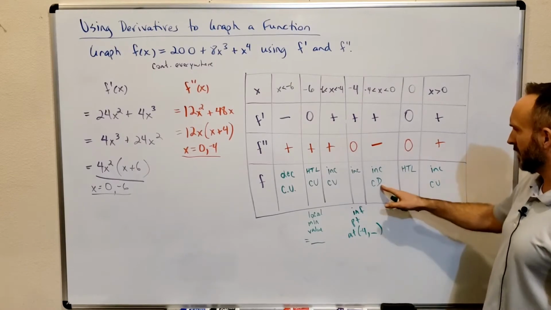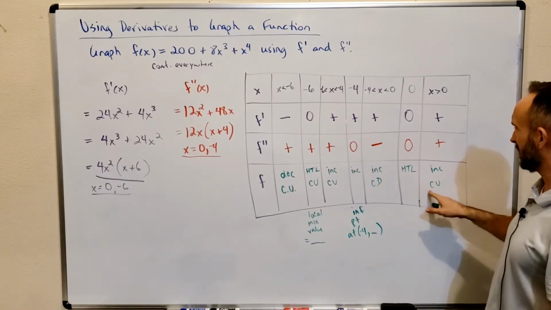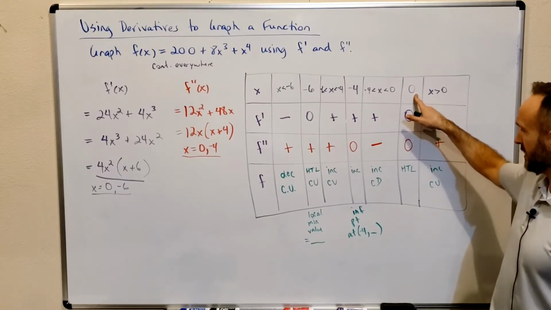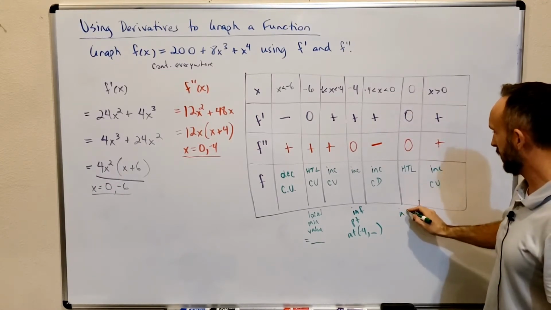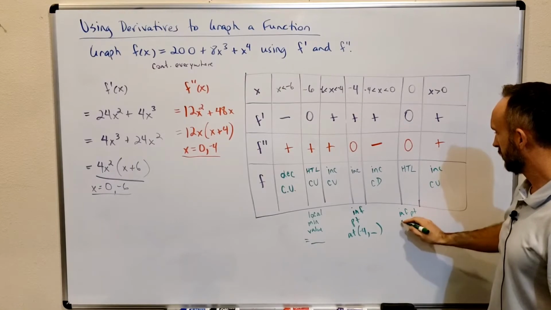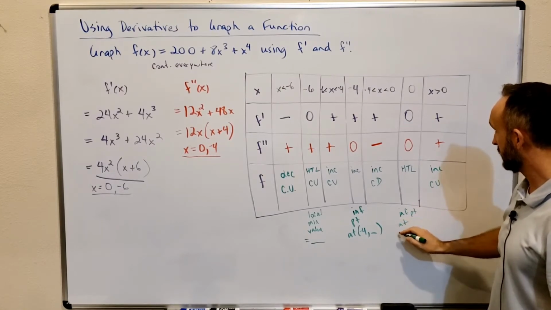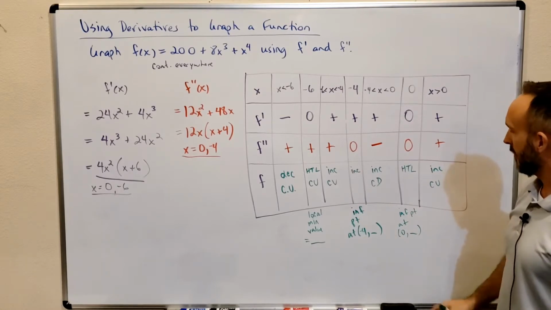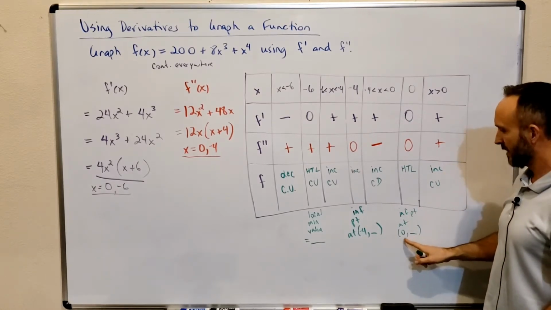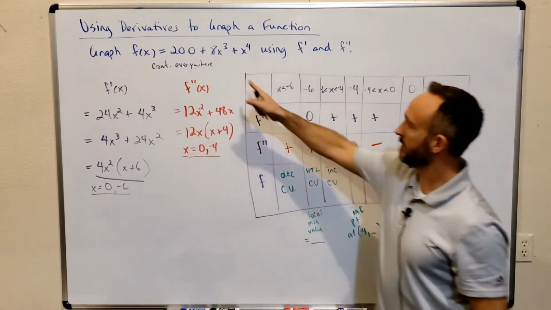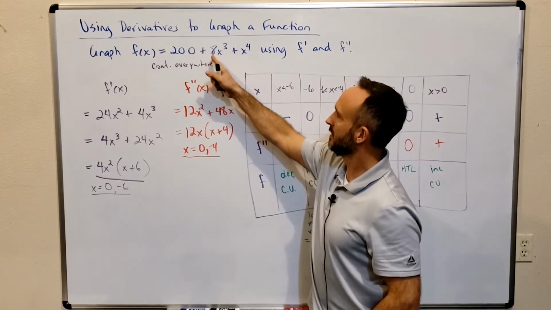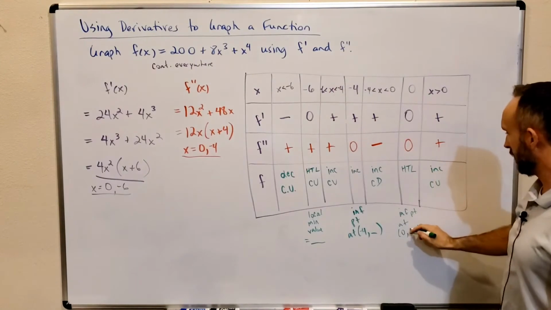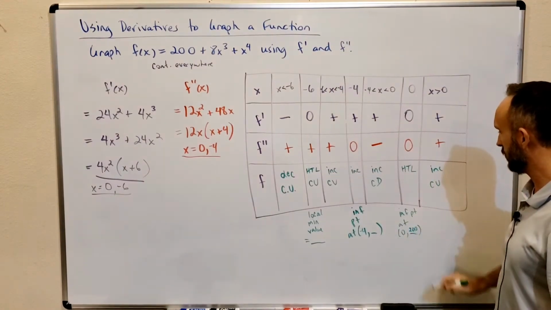And then from here, we go concave down to concave up at 0, and we know we're continuous here. So that's another inflection point. Inflection point at 0, comma, whatever the y value is. Now actually this one's very easy because I can easily plug 0 into my f function. The terms with x turn to 0, so I just get 200. So I have an inflection point at 0, 200.